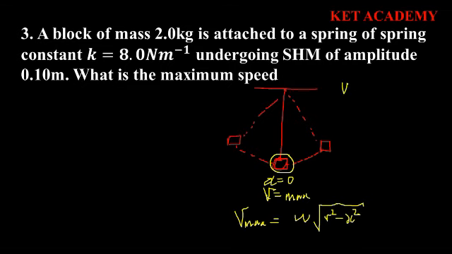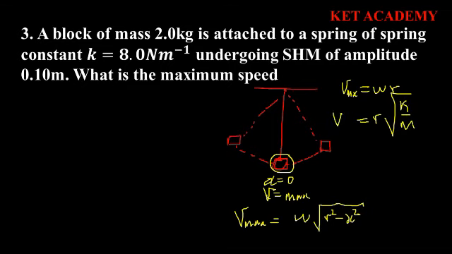So our Vmax will give us omega r. Since a spring is involved, our omega will be the square root of k over m.